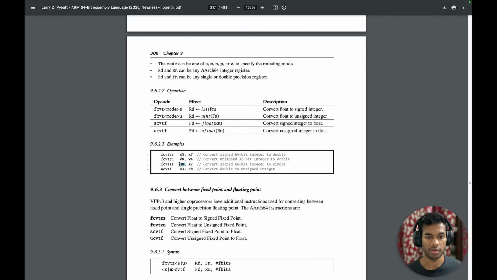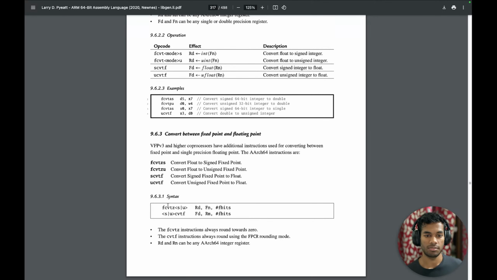But here I am converting that value and storing all of these values into general purpose registers. But when I'm converting integer to float, that is the only time that I'm storing from a general purpose register into a NEON register. It's 9.6.3, convert between fixed point and floating point. Fixed point and floating point, that is also crazy.